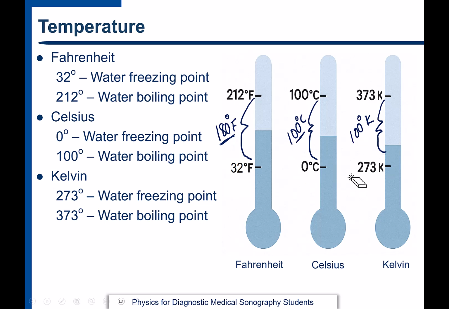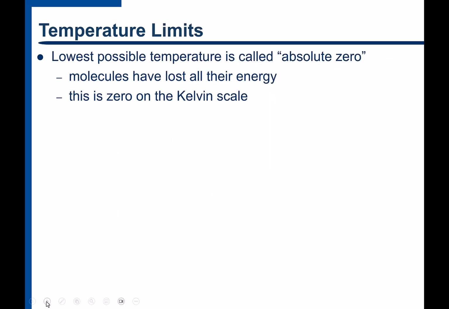So let's look at why we set Kelvin so that freezing water is at 273 degrees. Well, the reason is that the Kelvin scale is related to what we call absolute zero. Absolute zero is the lowest temperature possible. We've said that temperature is a measure of the average kinetic energy of the atoms and molecules that make up the substance.